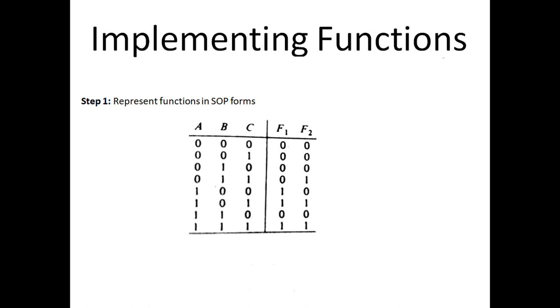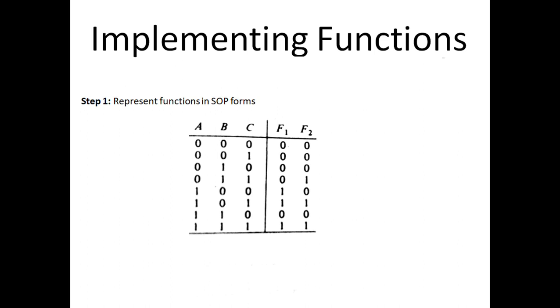To begin with, in the first step we have to represent the Boolean functions in sum of product form. If there are multiple Boolean functions, then we have to represent each of them in the sum of product form. Sum of product form is a standard form which represents a Boolean function in the simplified form.